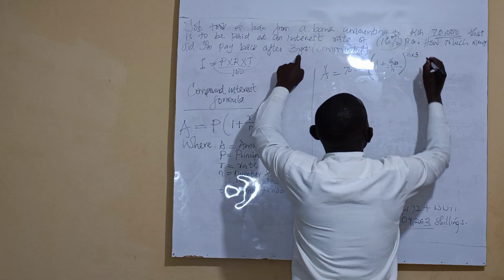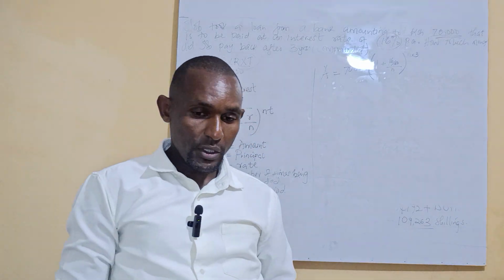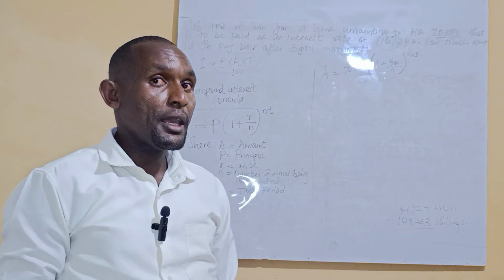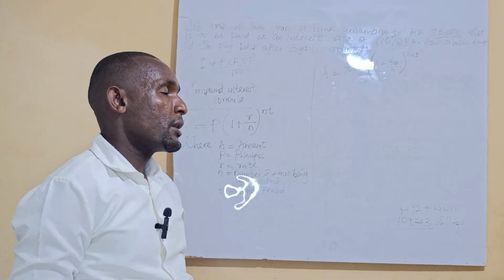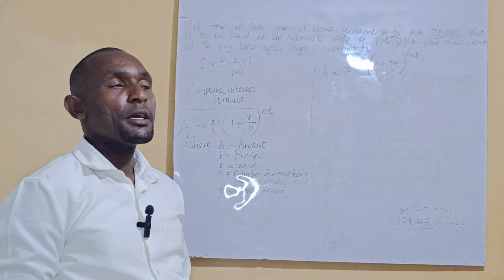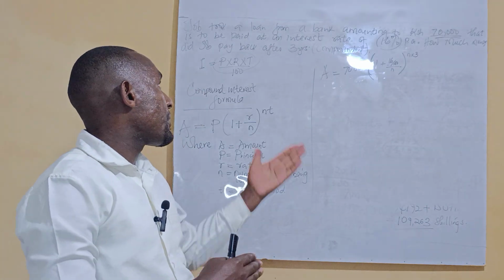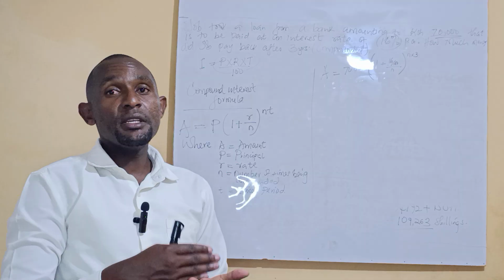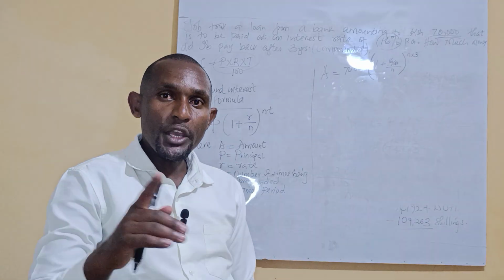Time is 3 years. Now I want to explain something here. When you're talking about N, it is the number of times it is being compounded. So what do I mean by that? In 1 year, how many times has this 16% been subdivided? Is it compounded for the whole year?